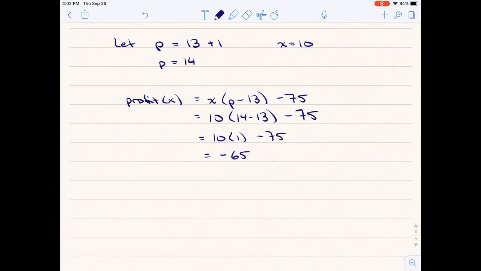We're going to make a profit of negative 65. Right? That's not good, but it's better than negative 75. Right? And so, because that's your alternative, right? If you're selling at 13, right, which is the shutdown, 13 minus 13, that's 0, so this is 0, right?